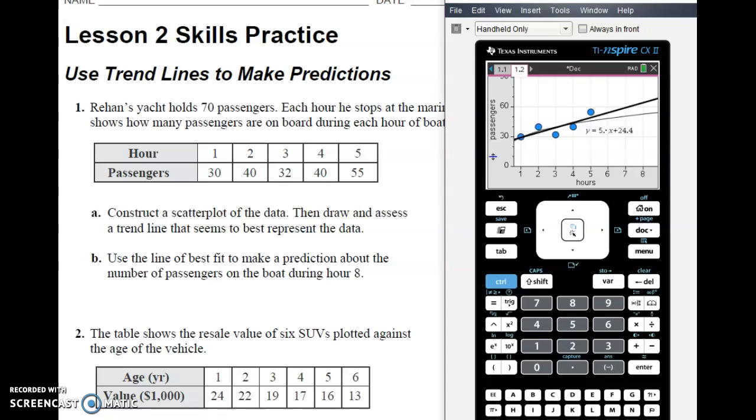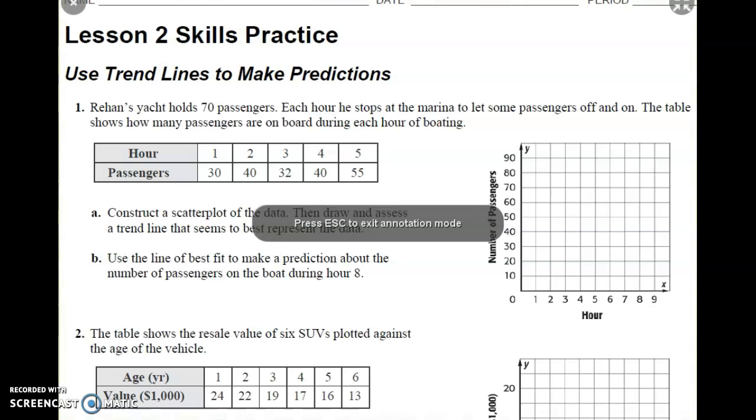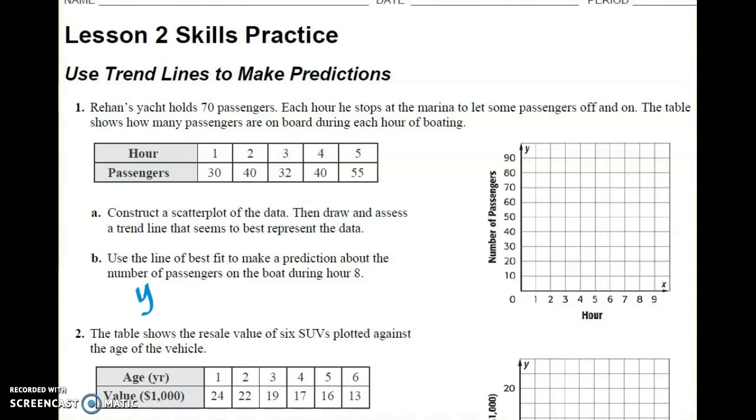So on our paper, we're going to write y equals 5x plus 24.4. X is the number of hours.